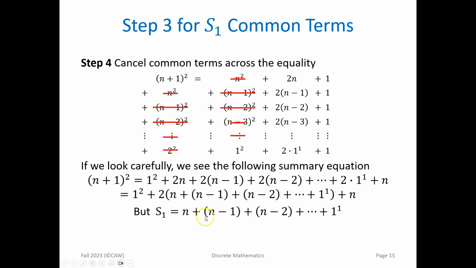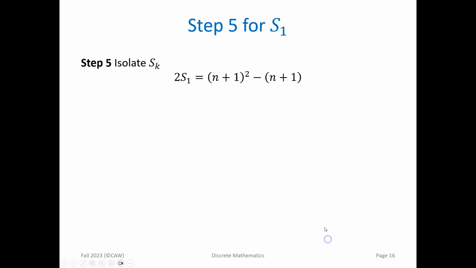But of course, by the commutative property of addition, these are equal. So we have S1 in this equation, and we can rewrite what we have as n plus 1 squared is equal to 1 plus 2 times S sub 1, standing in for that summation, plus n. So we have a nice compact equation.